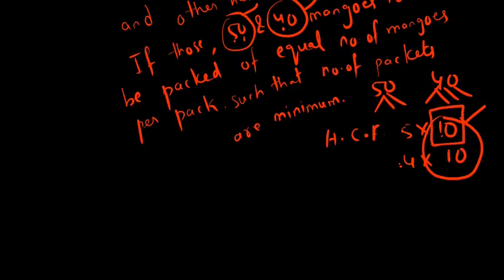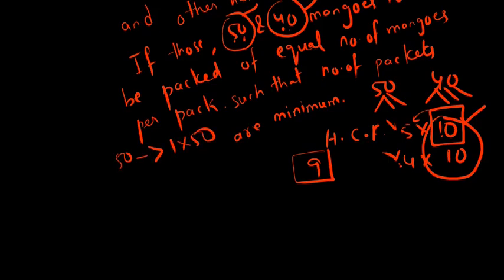If we take just a common factor, 50 can be written as 1 into 50 and 40 as 1 into 40. 1 is a common factor, but it gives 50 and 40 packets, so 90 packets.